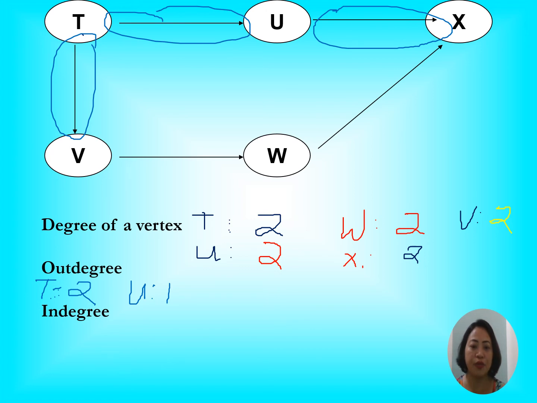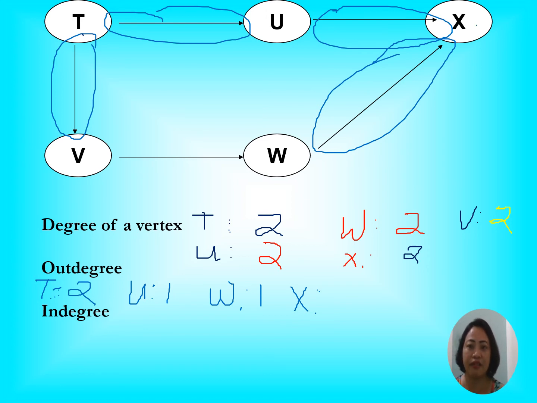W, how many out degree? W has only 1 out degree. X, on the other hand, how many out degree? Very good, there is none. There is no edge leaving that vertex. Therefore, it is 0. Next, how about V? Very good, we have only one edge leaving that vertex.